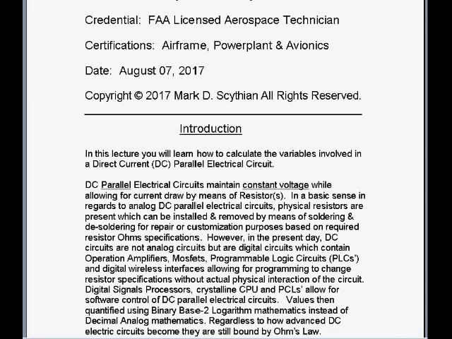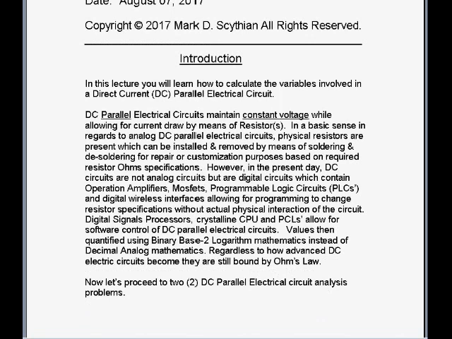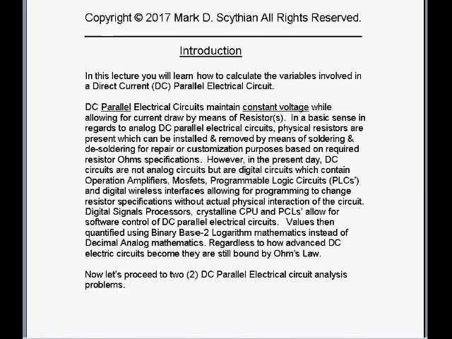Digital signal processors, crystalline CPUs, and PLCs allow for software control of DC parallel electrical circuits. Values are then quantified using binary base 2 mathematics instead of decimal analog mathematics. Regardless of how advanced DC electrical circuits become, they are still bound by Ohm's law. Now let's proceed to two DC parallel electrical circuit analysis problems.